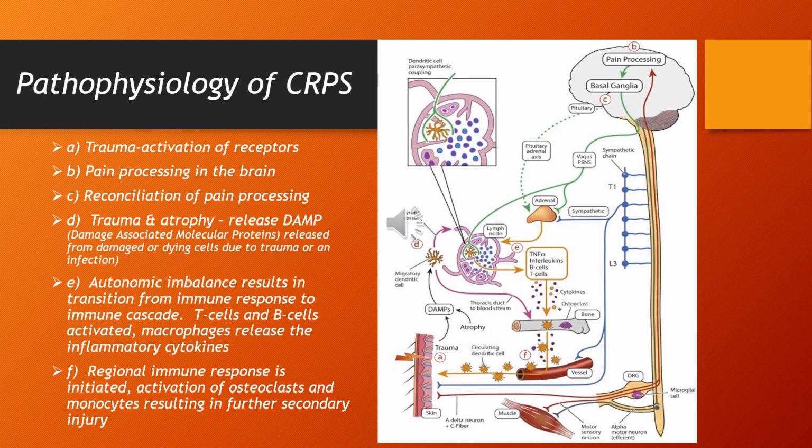This autonomic imbalance results in a transition from the immune tolerance to an adaptive immune response and immune cascade, in which the T cells and the B cells are activated, and the dendritic cells and macrophages release inflammatory cytokines that we discussed before: tumor necrosis factor, interleukin. This initiates a regional immune response with the activation of osteoclasts and monocytes, and colony expansion of the immune cells that results in further secondary injury.